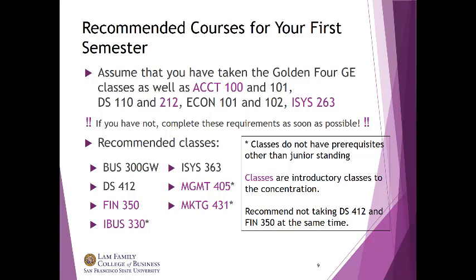The ones that are purple are introductory classes in the concentration, and the ones with asterisks can be taken as soon as you are upper division, as they do not have any prerequisites. As a note, we do not recommend you take Finance 350 and DS 412 in the same semester if you're not really excited by math. They're both very quantitative.